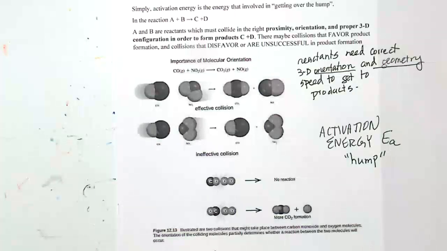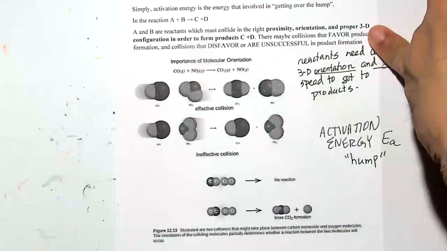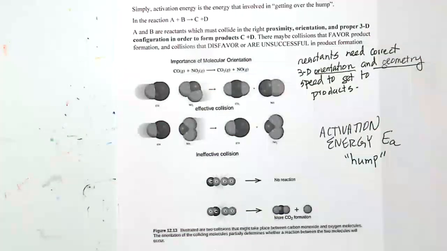For these reactants to get to the right 3D orientation, the right speed, and the right geometry, they have to summon up some energy, just like when Harrison has to kick the ball in the soccer game. He can't just kick the soccer ball any which way. He has to kick it at the right spot. That takes some energy. That's his activation energy, to kick the ball so that it goes where he wants it to go. These reactants have to get some activation energy to get to the right orientation, right spots, and right speed. Then they get to the products. So this is called activation energy.